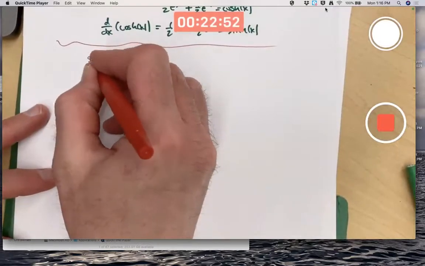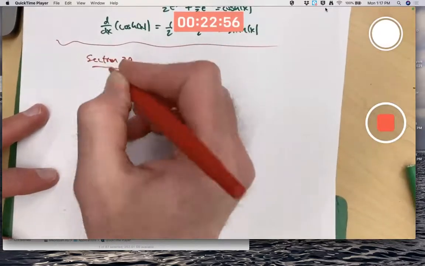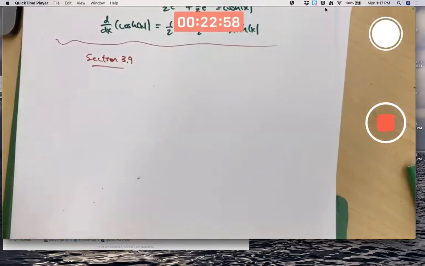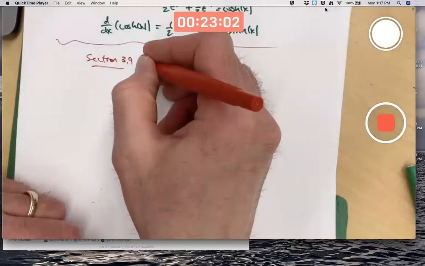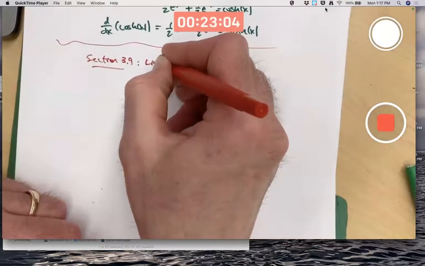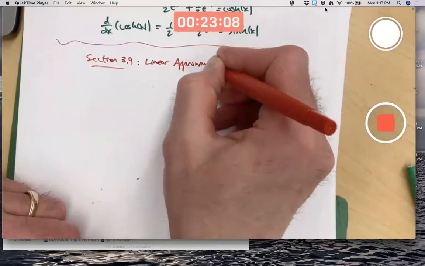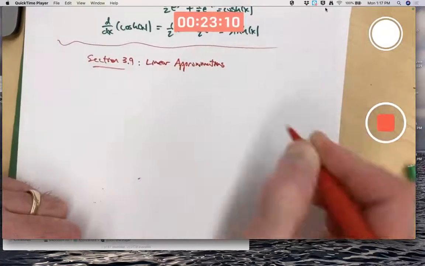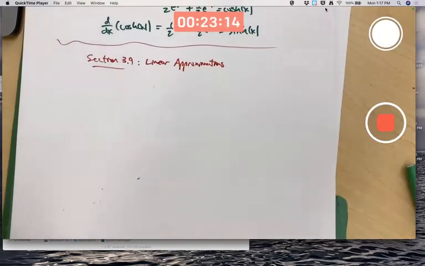So this is section 3.9. We've actually been doing section 3.9 for quite a while without telling you. The title is Linear Approximations, and the derivative. We've been doing this since chapter 2, when you talk about the derivative as a rate of change.